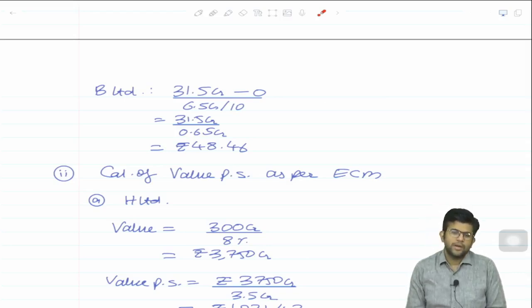What is corporate valuation all about? It was about an acquiring company and the target company, where from the acquiring company's point of view, we have to value the target company.